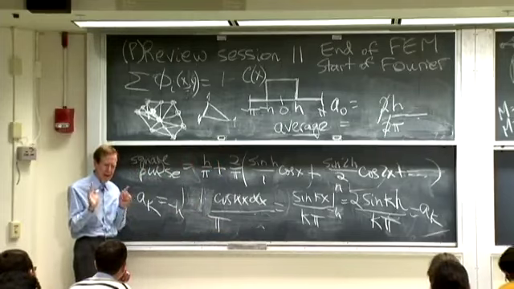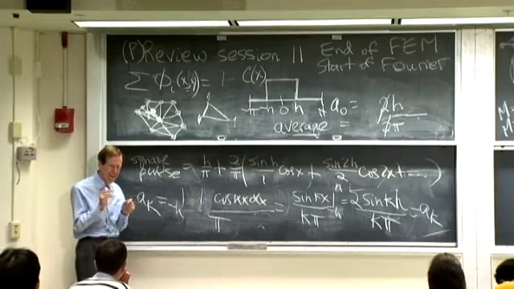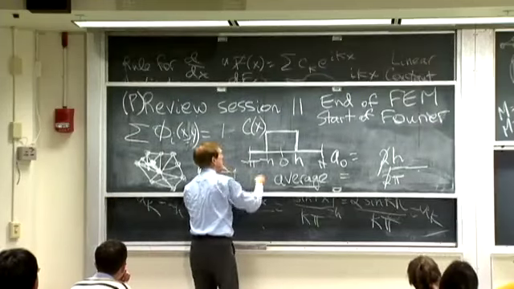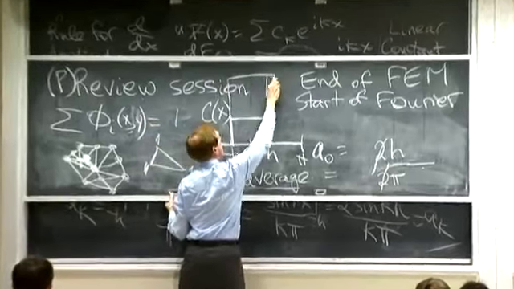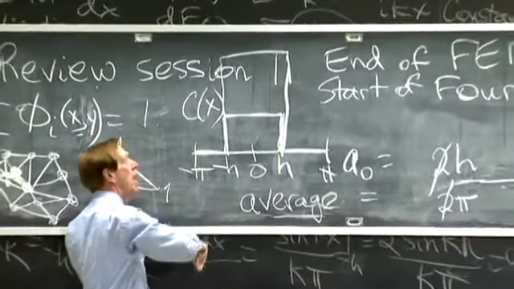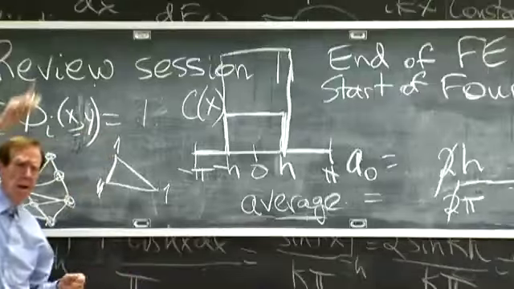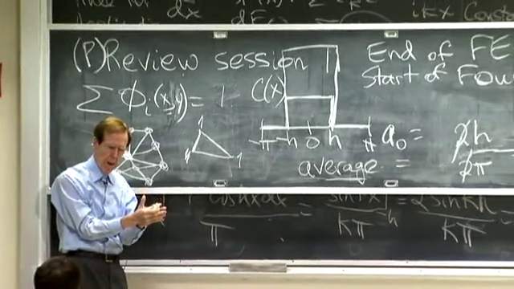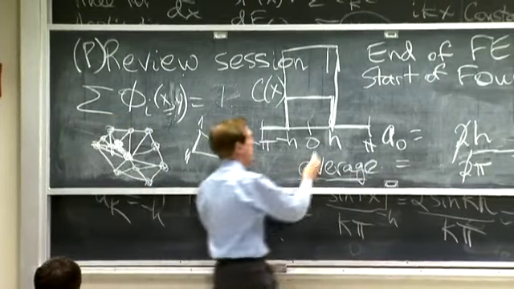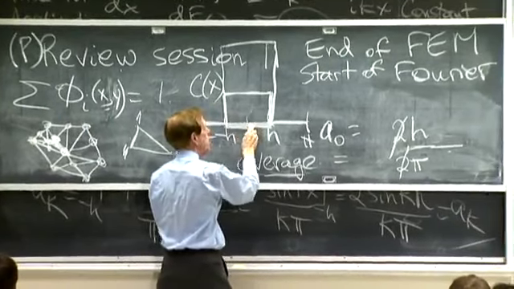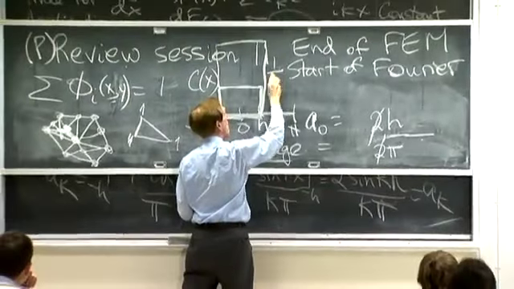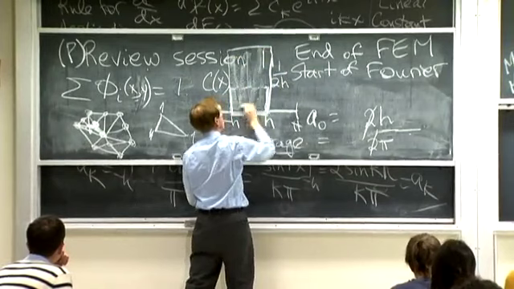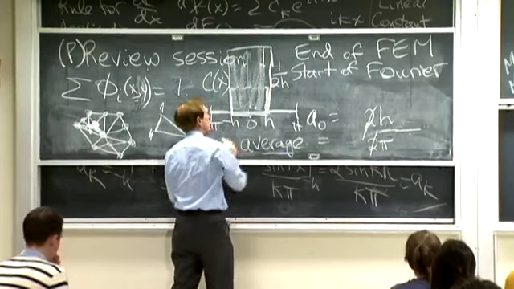But there is one case that is important. Suppose I make the height higher as I make the base smaller. I'm going to keep the area as 1. So if this has a base of 2h, I'm going to have a height of 1 over 2h.